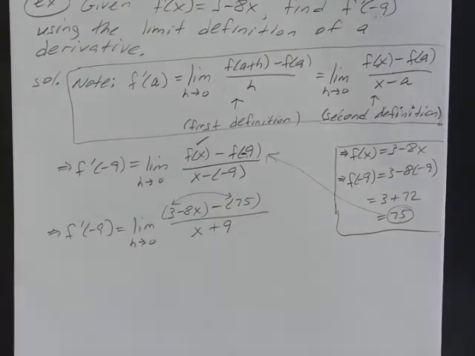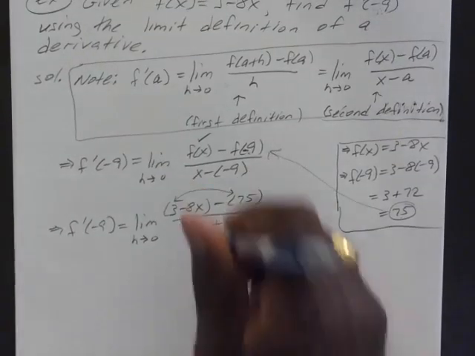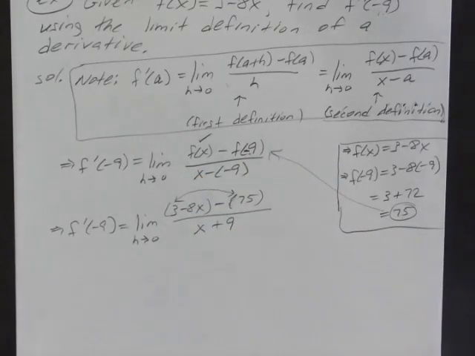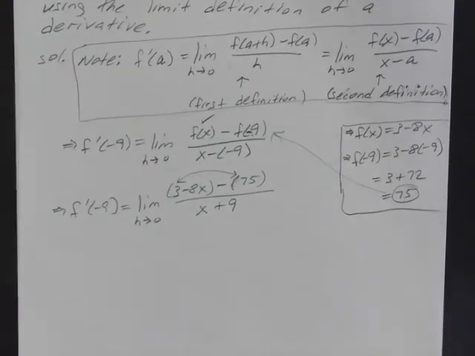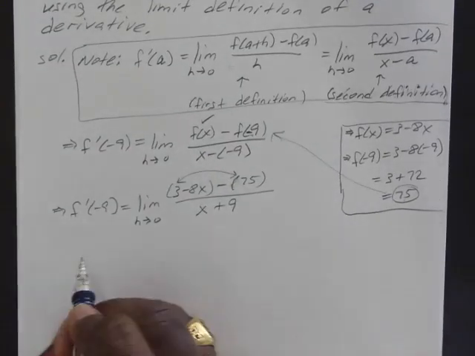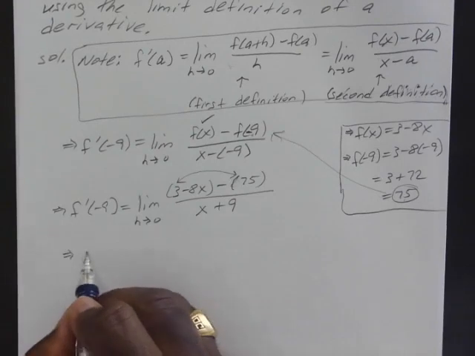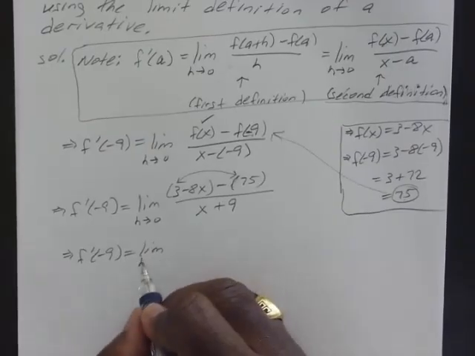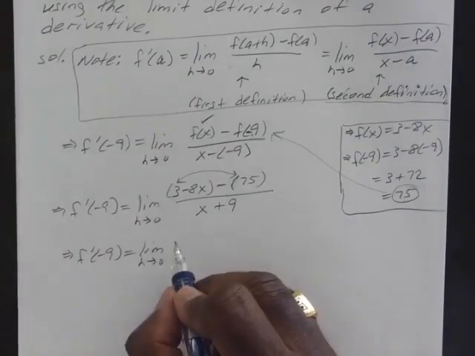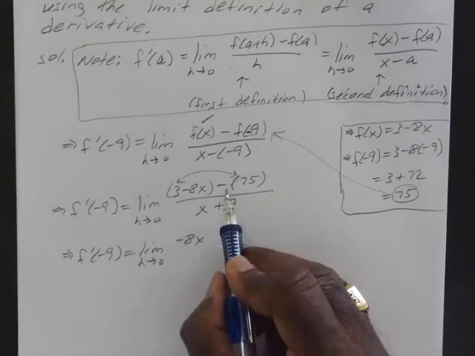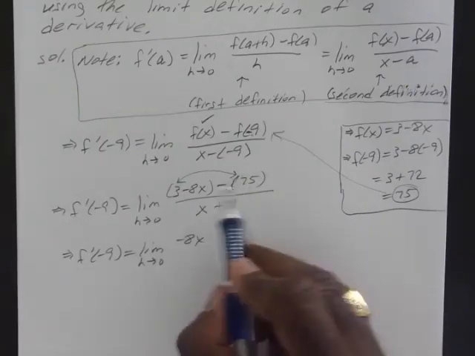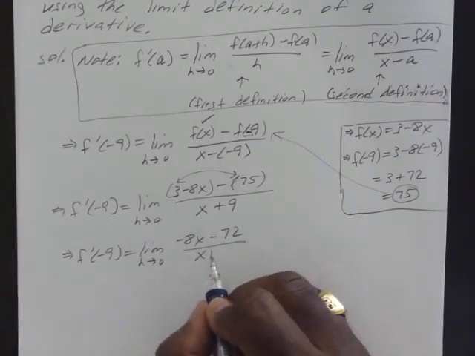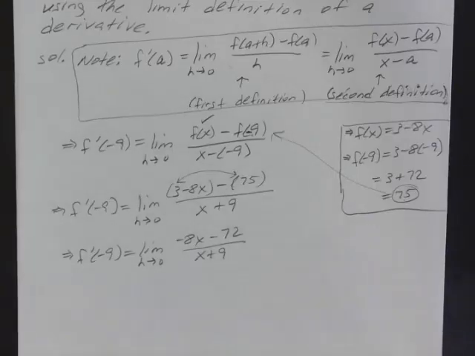So we can go ahead and combine those two terms. Let me straighten that parenthesis up a little bit. There we go. Okay, so we know that f prime of -9 is equal to the limit of -8x minus 72, when we get 3 minus 75, we get -72, all over x plus 9.